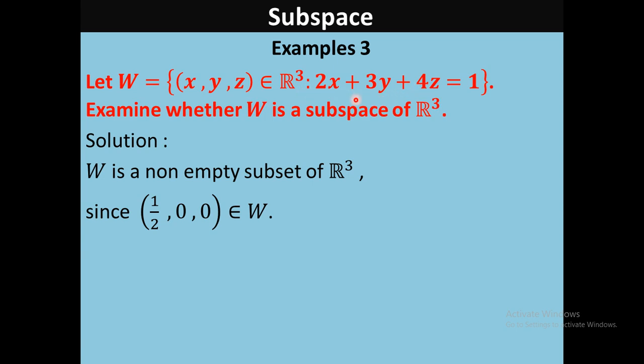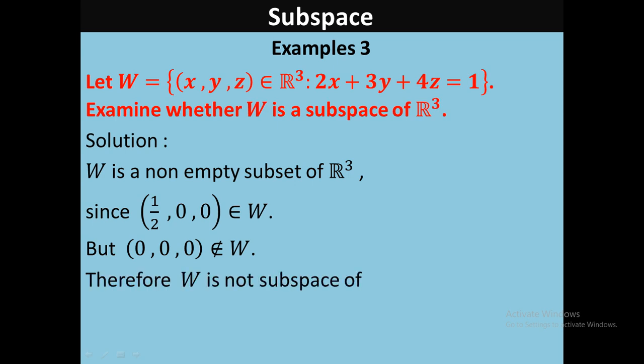There are many elements. Suppose x equal to half, y equal to 4, z equal to minus 3, then (half, 4, minus 3) is also in W. There are many elements, but here 0 0 0 is not in W. Therefore, W is not a subspace of R3.